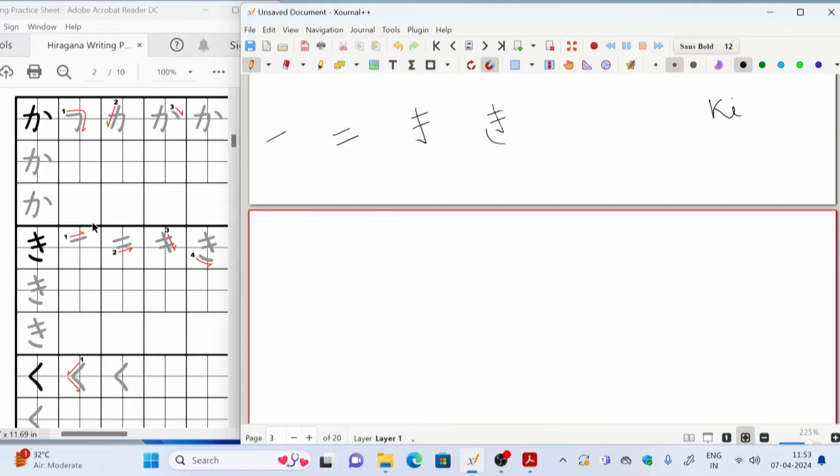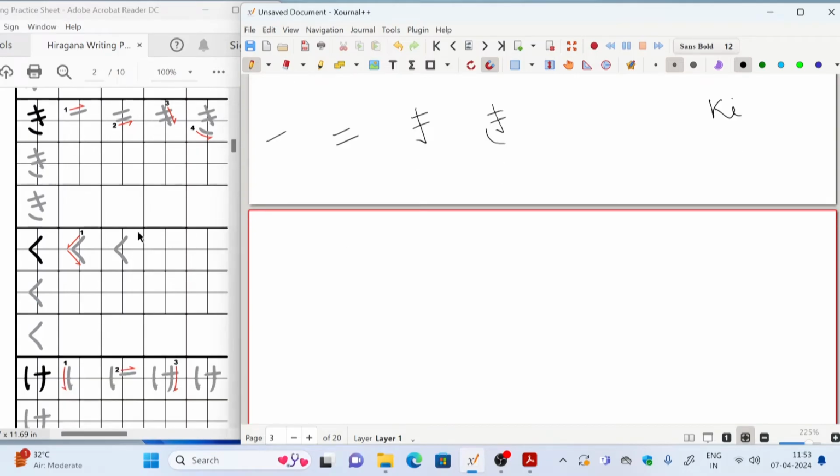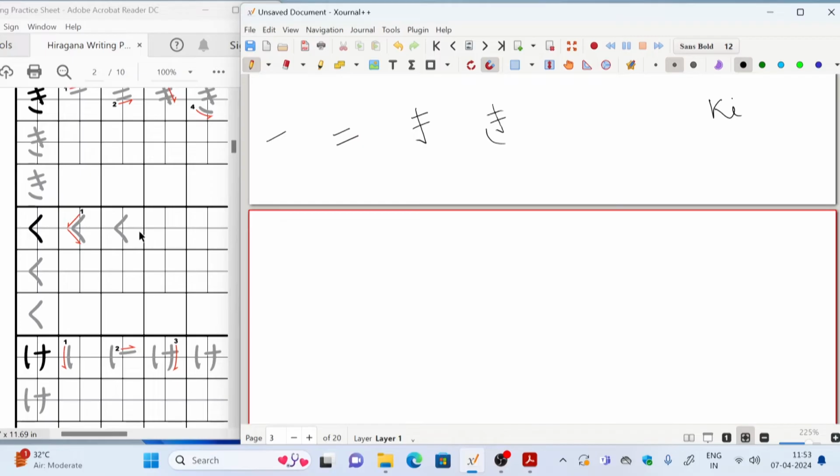Earlier Japanese people used to use brush to write. This is Ku, and it looks like a beak. So when Japanese used to use brush for writing system, this is actually the brush mark. When you are pulling off your brush, it comes like this.